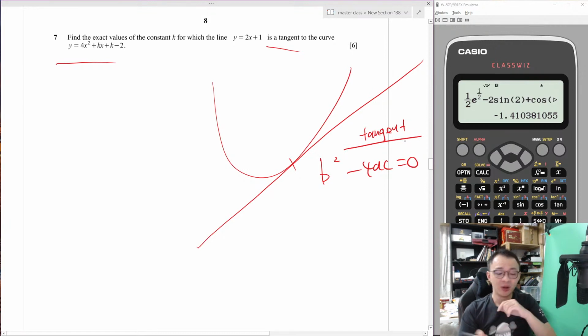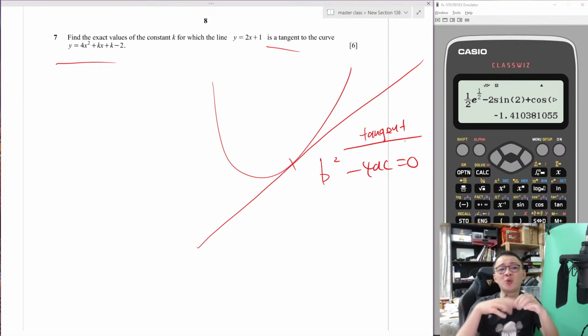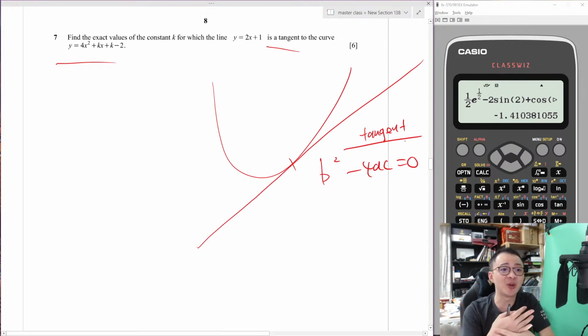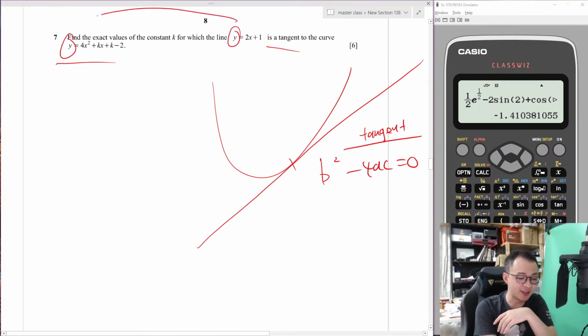So in order to do b squared minus 4ac, what I want to do first is substitute my first equation into my second equation. Why do I want to do that? I want to find my a, b, and c. Then I will sub the y into the y here. I will just sub into each other. So 2x plus 1 equals 4x squared plus kx plus k minus 2.